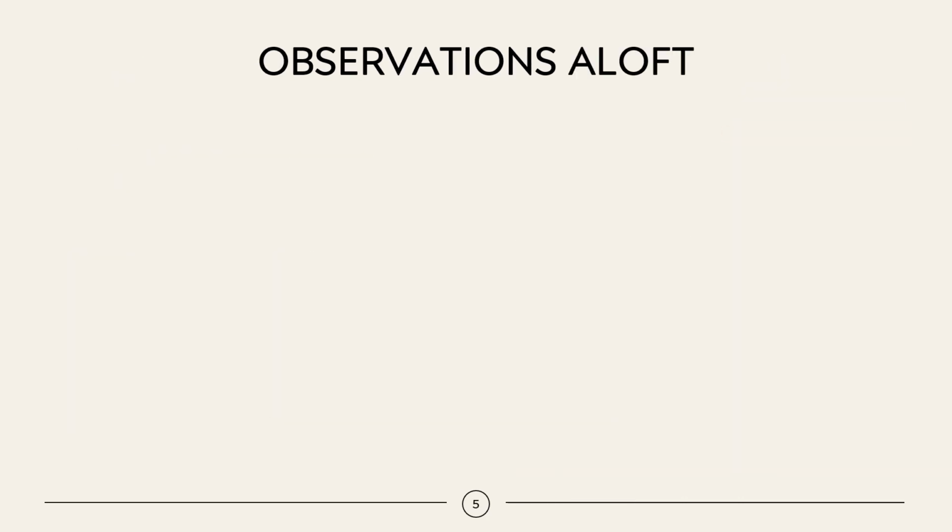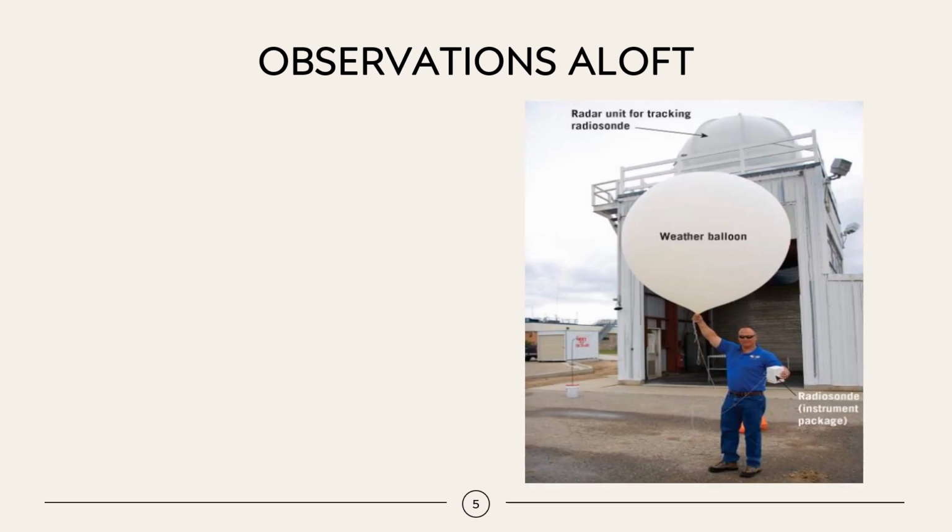Aside from the surface observations, we also have observations aloft because upper air observations are essential for producing reliable forecasts, and radiosondes, for that matter, are a primary tool for gathering weather data aloft.